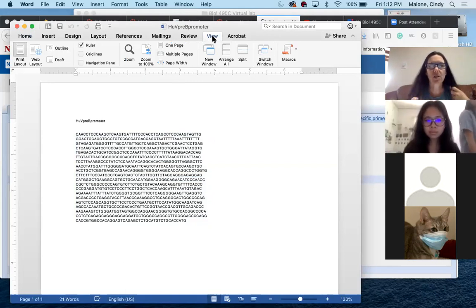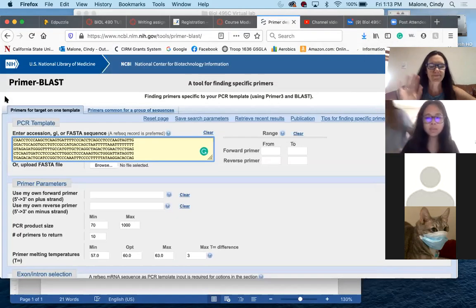If you have spaces or something weird in there, it'll tell you. The system won't work. So if you have a return at the end of that sequence, remove those.